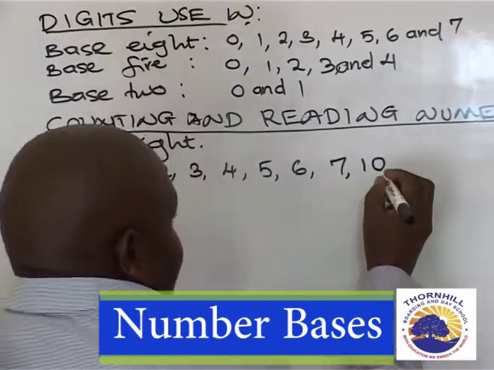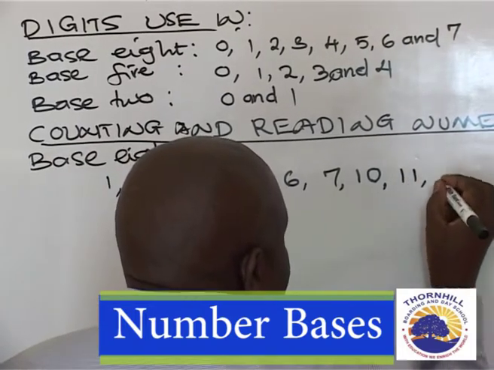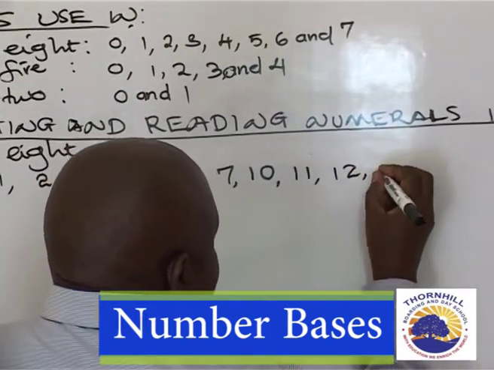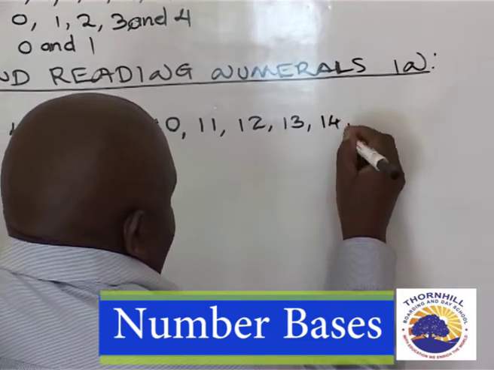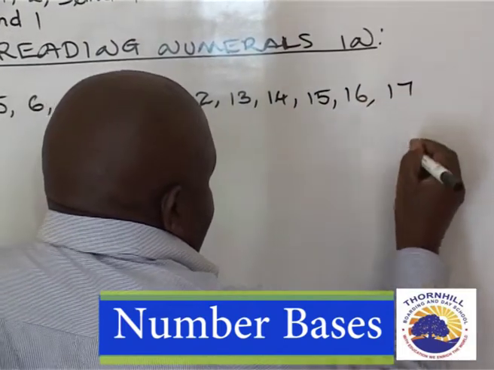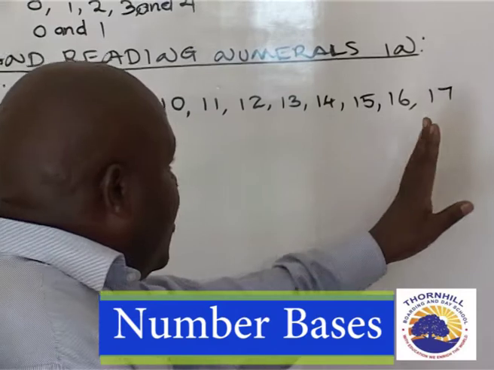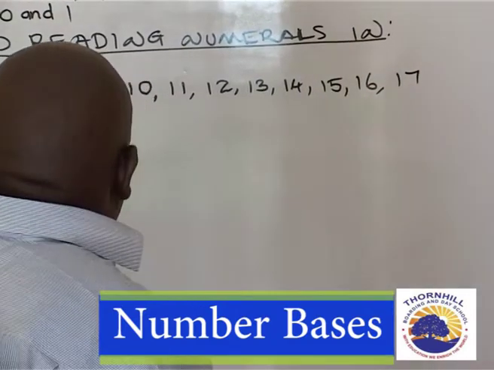So we continue. The next one will be 1, 1, 1, 2, 1, 3, 1, 4, 1, 5, 1, 6, 1, 7. Again here, we should not have an 8, since 8 is the base in which we are counting.